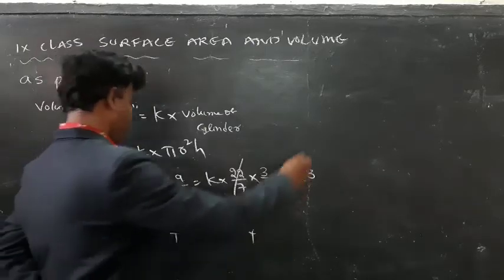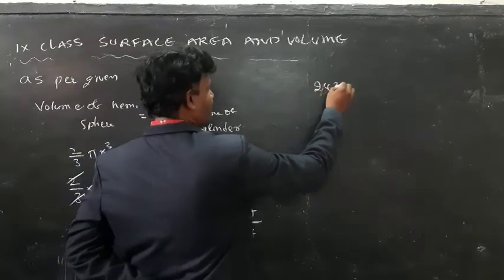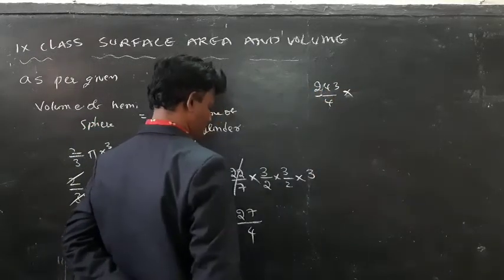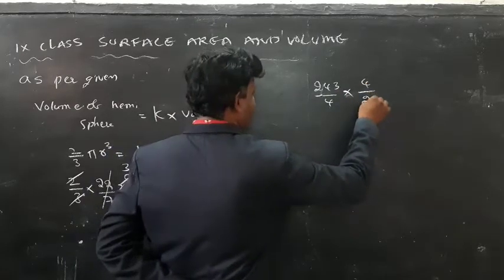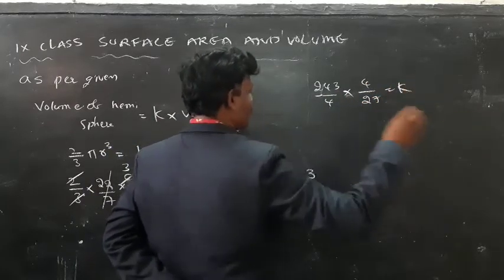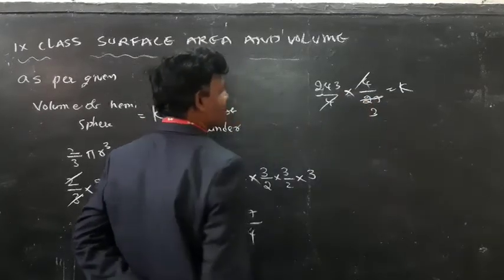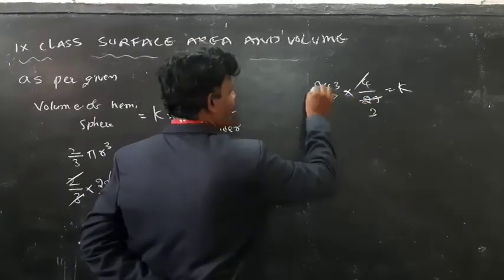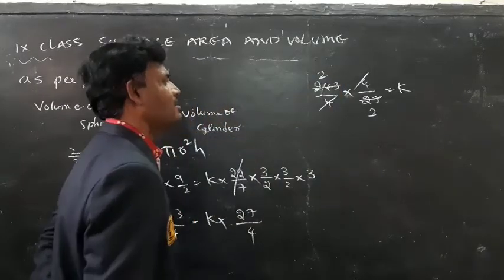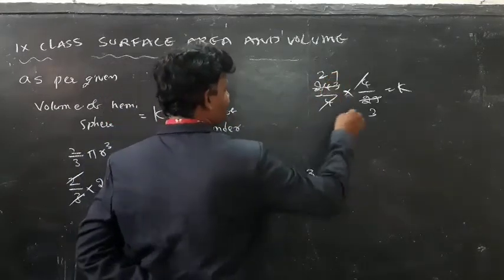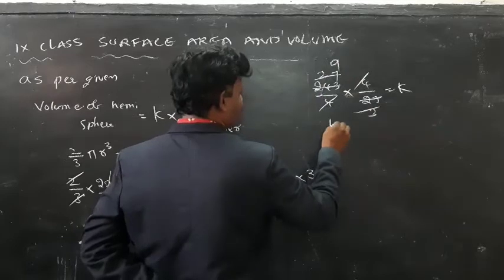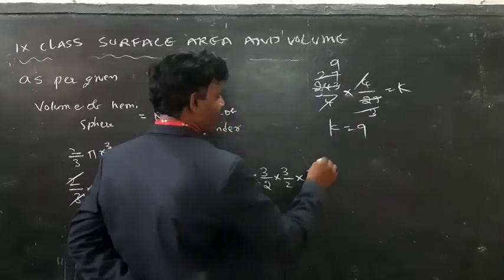So finally 243 by 4 into 4 by 27 is equal to K. 4 and 4 cancel. 9 threes are 27. 9 twos are 18, 6 remaining. 9 sevens are 63, 3 ones are 3, 9 nines are 81. So K is equal to 9.